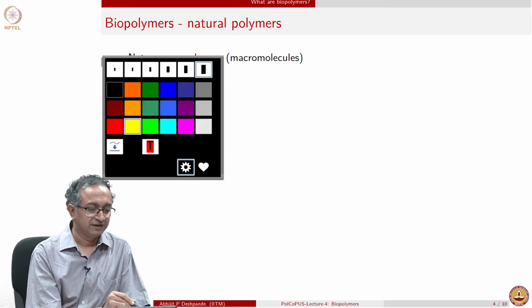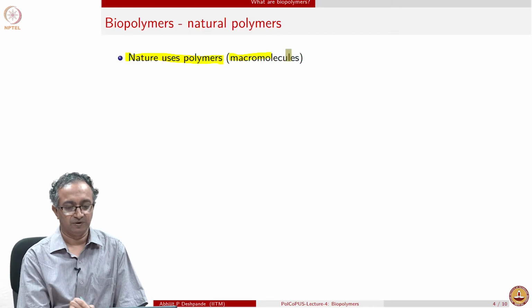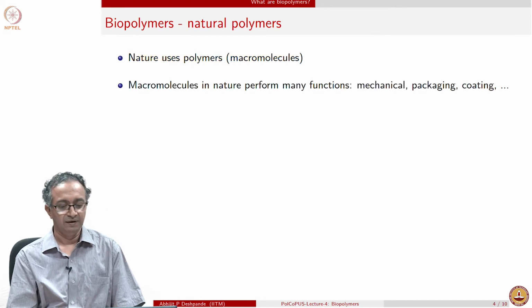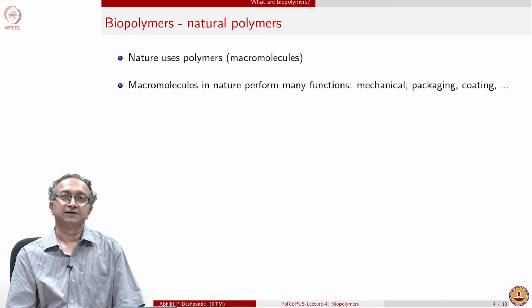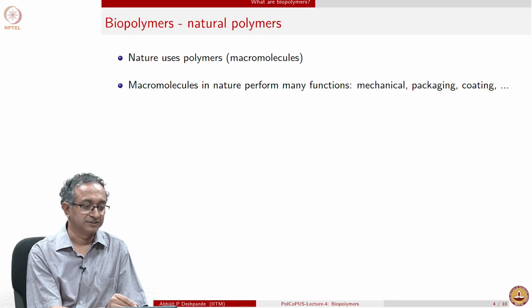One thing which we have highlighted earlier also, is that nature does use polymers or macromolecules: proteins, DNA, and there are several other examples, whether it is cellulose or starch. So, nature does use polymers quite extensively, and these polymers or macromolecules in nature perform very important and a variety of functions.